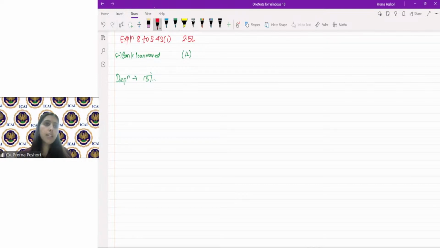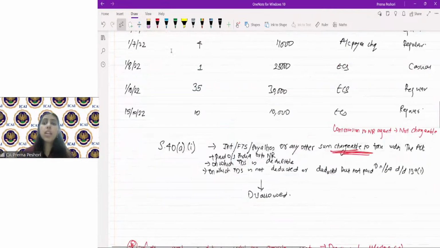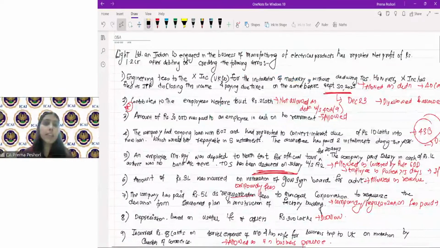Then Kaushiki will ask me, ma'am, why did you say wrong to me? Because there will also be additional depreciation of 20%. So you have to read the question carefully and then apply the logic.